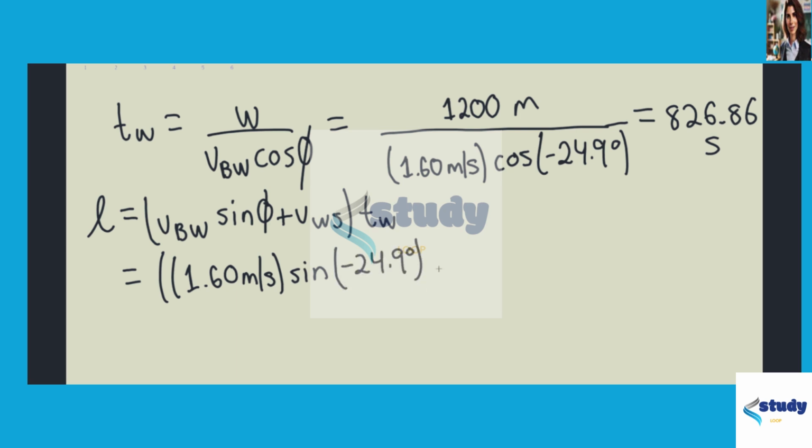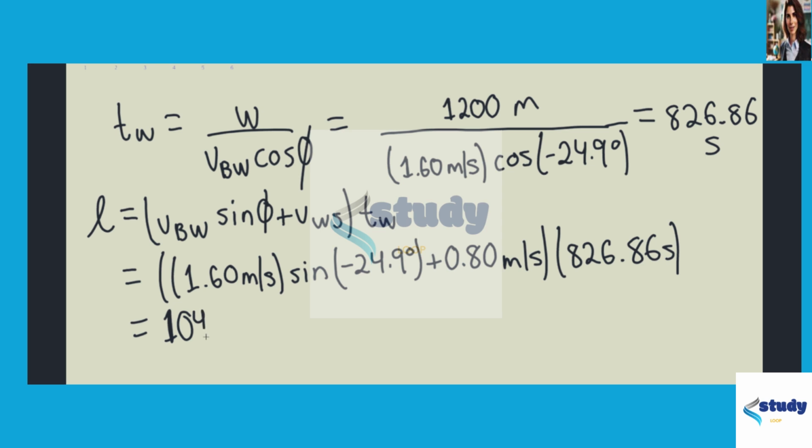Again, plus the speed of the current, 0.80 meters per second, close parentheses, times 826.86 seconds. This is going to equal 104.47 meters.